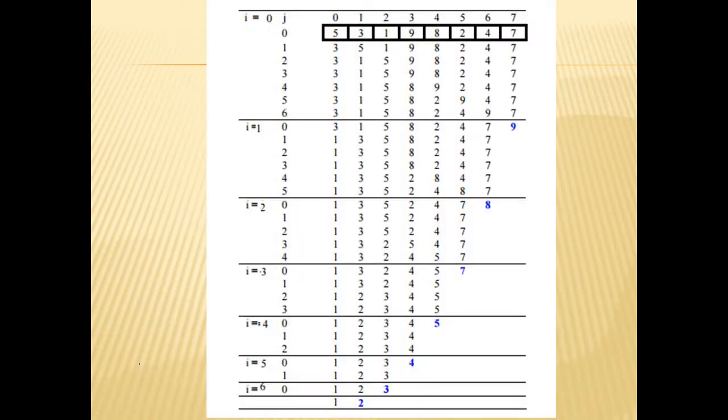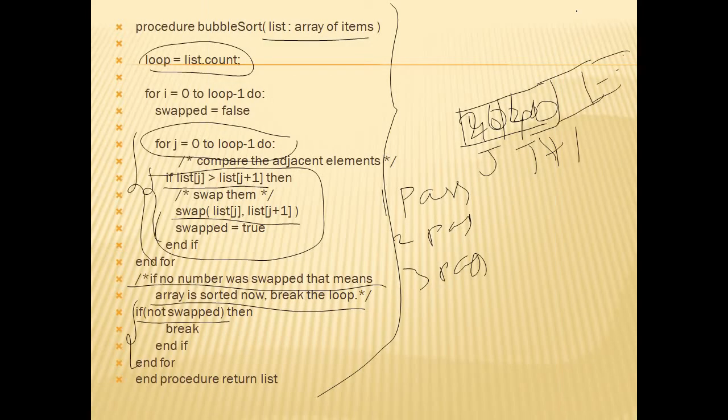Here I have a total of 8 elements. I am storing these elements in an array. We already know that the index of an array starts from 0. When it comes to this loop, I have for i equal to 0 to loop minus 1.